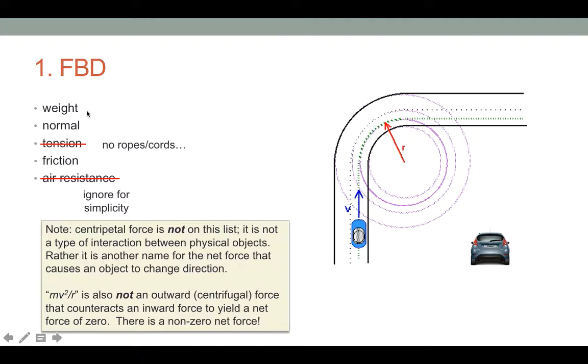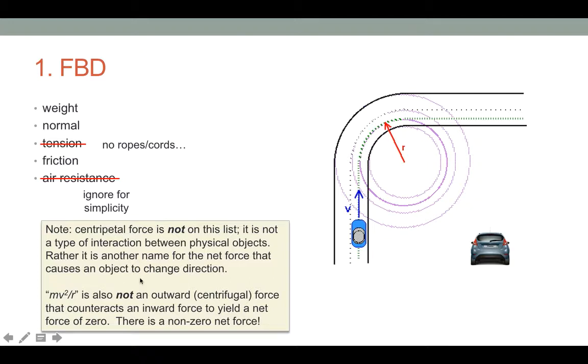But we do give a name for forces that make something turn because prior to Isaac Newton, people didn't realize that a force was required to make something turn. So therefore, to emphasize that it does in fact require a force, we give it a name. But it is not a type of interaction between physical objects. It does not belong in a free body diagram.